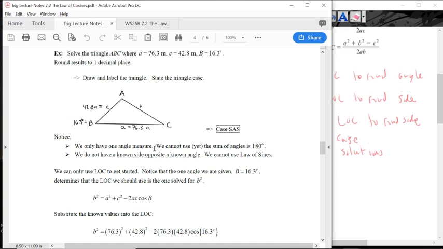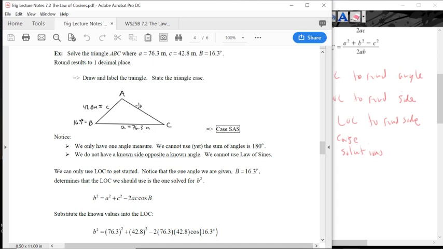As soon as we have just one more component, we can then reassess the triangle. For instance, if we run the law of cosines to find side length B, then notice, once we know side length B, suddenly we know a side length that is opposite a known angle. And that means we then have access to the law of sines.